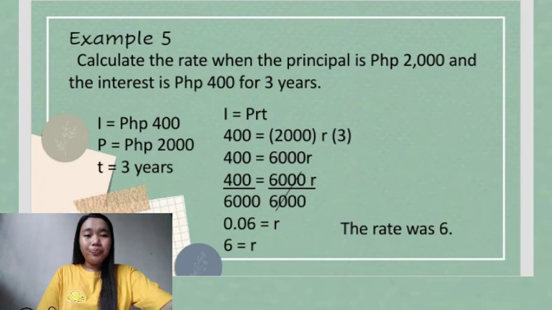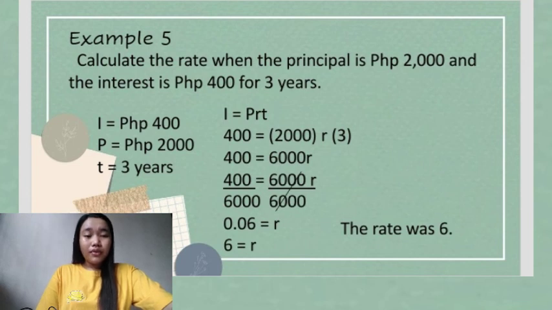Example number 5. Calculate the rate when the principal is 2,000 pesos and the interest is 400 pesos for 3 years. Based on the given, we need to calculate the rate. So, let's substitute in the formula. I is equal to 400, P is equal to 2,000, copy R, and T is 3.